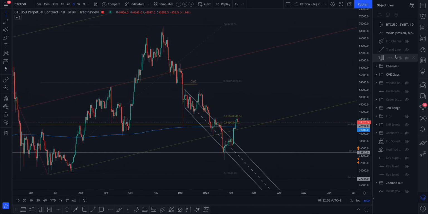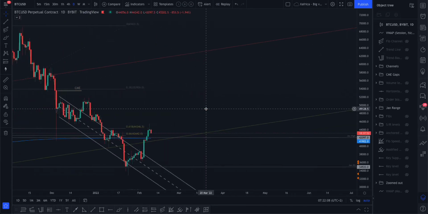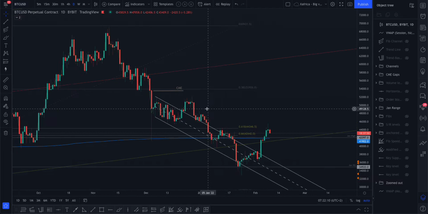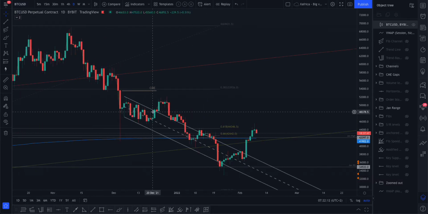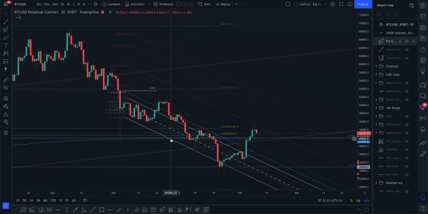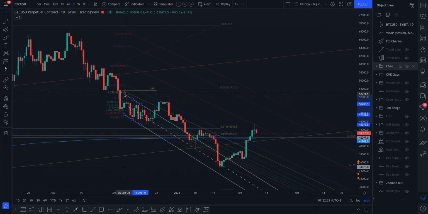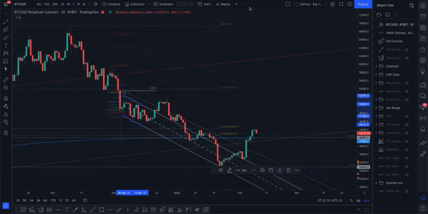Okay, long story, I want to add this is not my own idea. I saw someone else do this. So you use an existing channel that is there, and then to determine the next levels higher, you use a FIB channel. So what I did, I placed a FIB channel on my original channel. That was my first point, and there's my second point. Oops, that's the wrong one I moved.